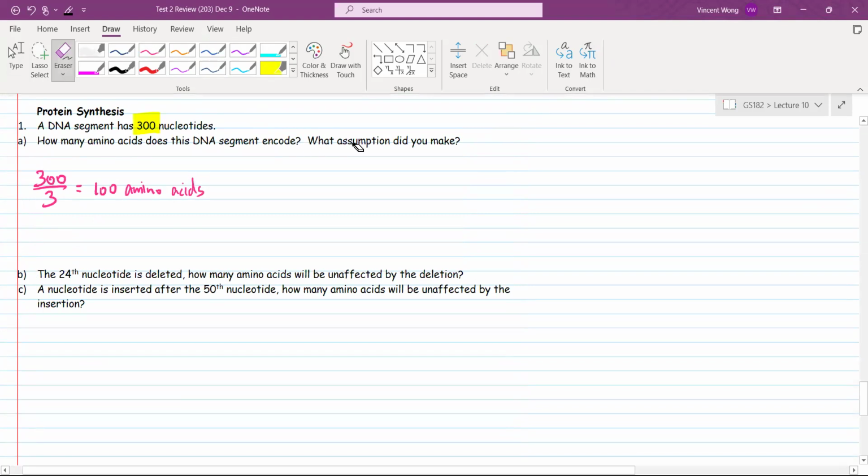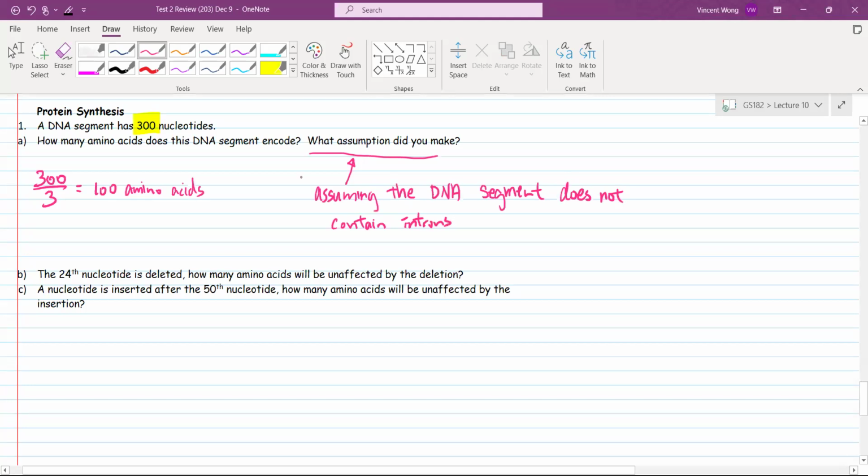Okay, but we made an assumption. We are assuming the DNA segment does not contain introns.